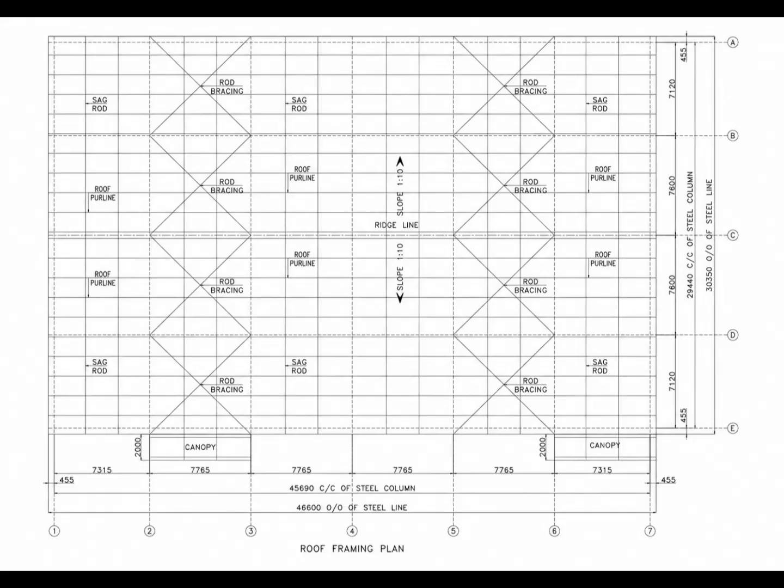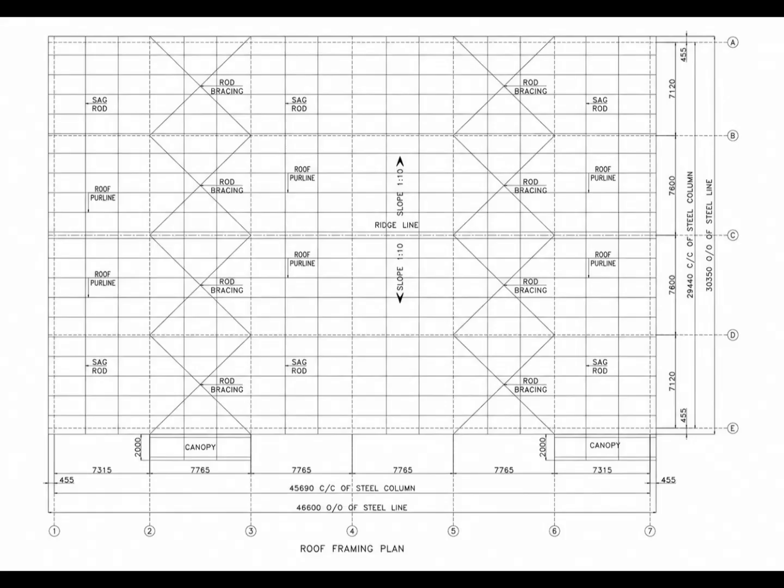Now there is another very important point. This roof plan contains both sag rod and rod bracing. These two labels must not be confused. Look at the areas marked rod bracing. There, we can clearly see diagonal members forming large X-shaped arrangements between the framing lines.